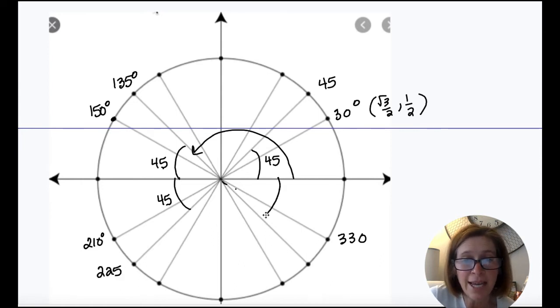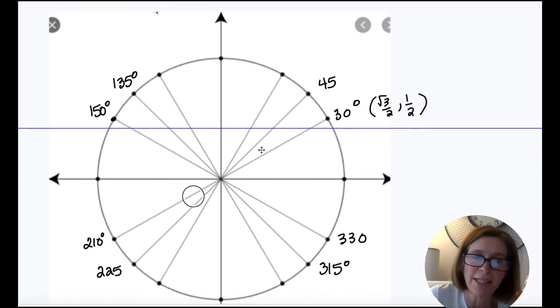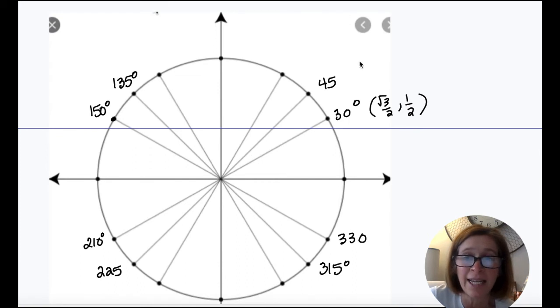If I'm looking here, this would be a 45 degree angle, so this would be 360 minus 45, so 315 degrees. Again, the coordinate points will all be the same, just the positive and negative are different. And that's why I keep saying it's really important that you know your quadrant 1 coordinate points.